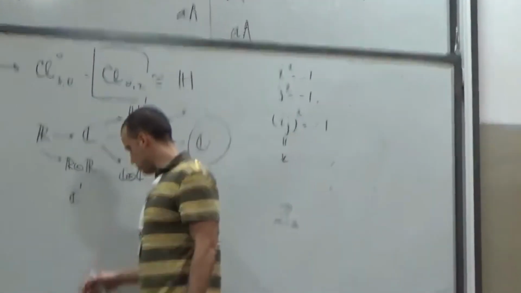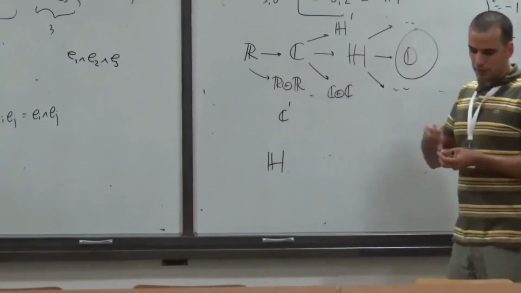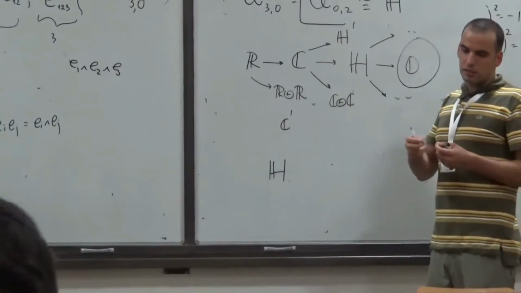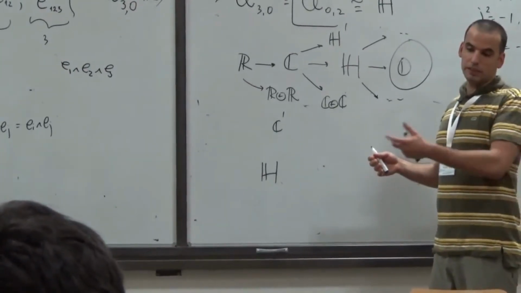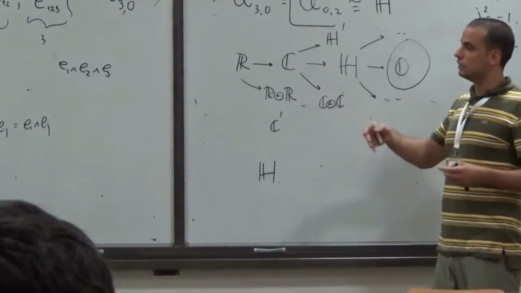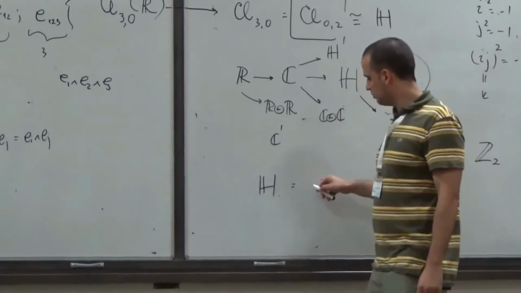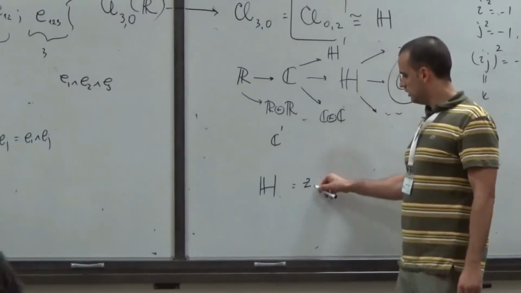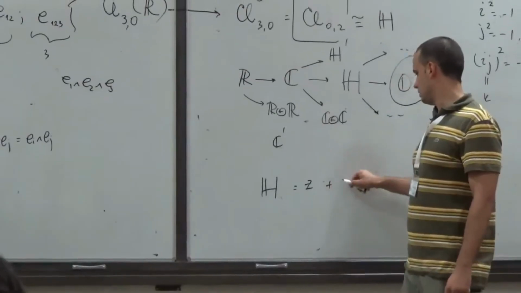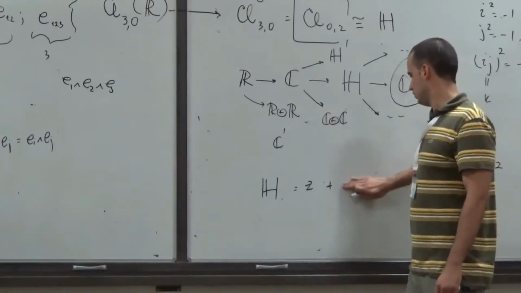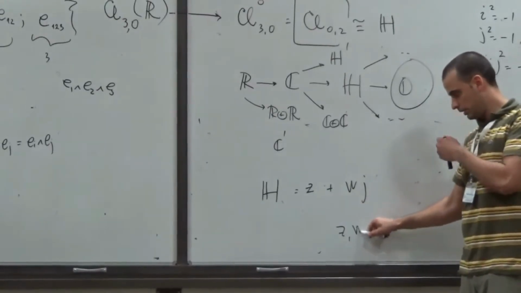Okay? So if you want to start with quaternions, the way you construct complex numbers from reals, you construct quaternions from complex numbers. So a quaternion can be written as Z plus, well, let's say, plus W J, with Z and W complex numbers.